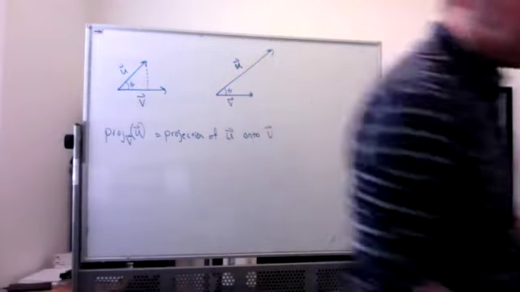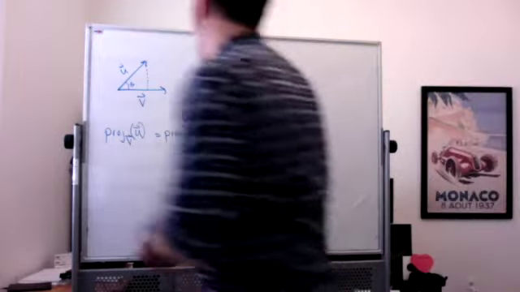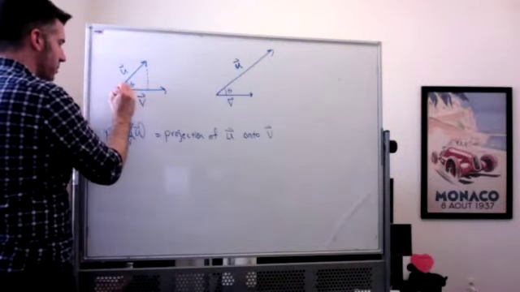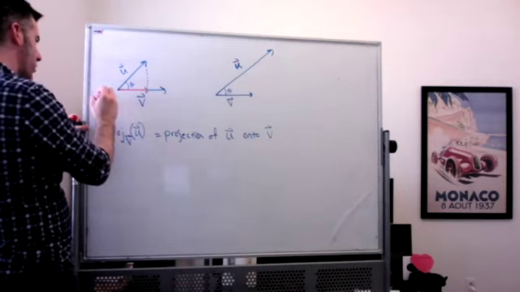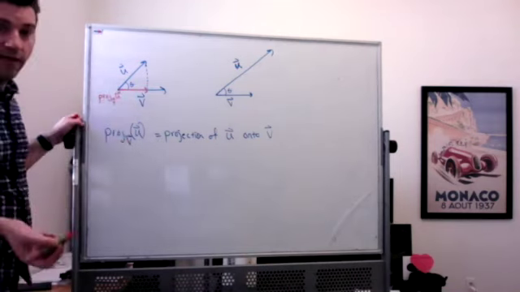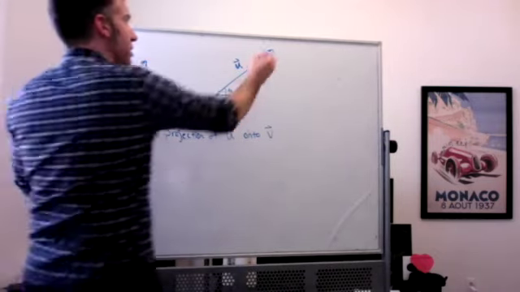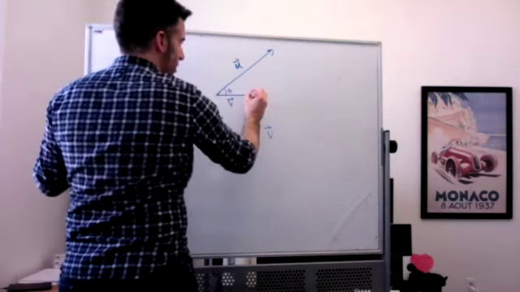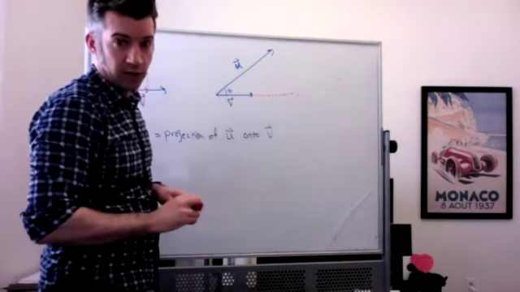Let me grab a pen that's kind of trash. Yeah, you're kind of trash. Right there, that is the projection of U onto V. Whatever that vector is, that's what the projection of U onto V is. Same deal here, except here I have to actually extend V so I can see where U projected onto it lands.